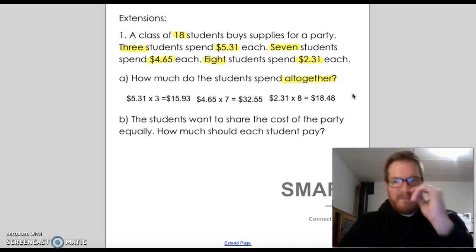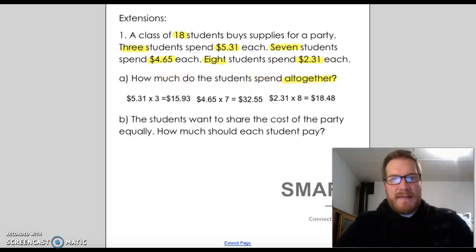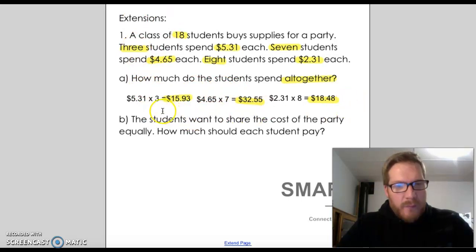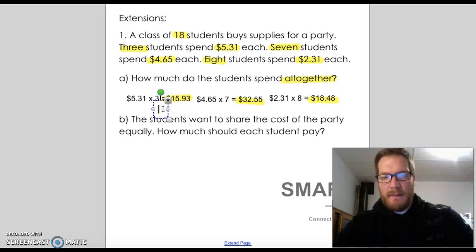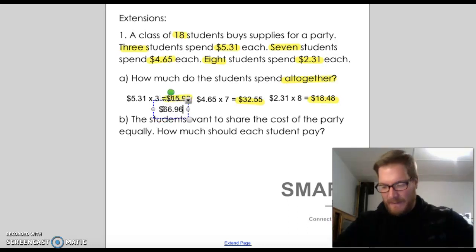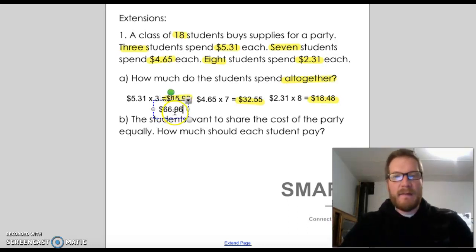Now, the question says altogether, so I have to take these 3 totals and add those together. When I add those numbers together, I get a total of $66.96. So that's how much the class spends altogether.